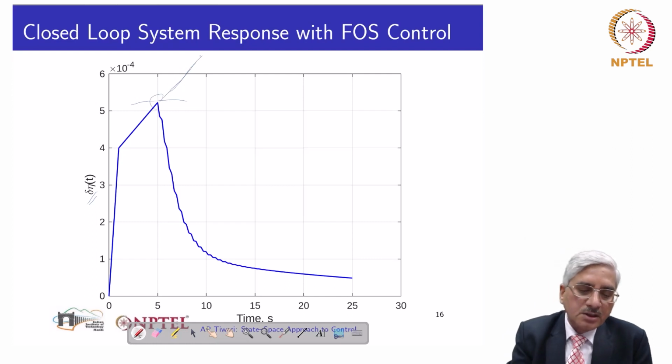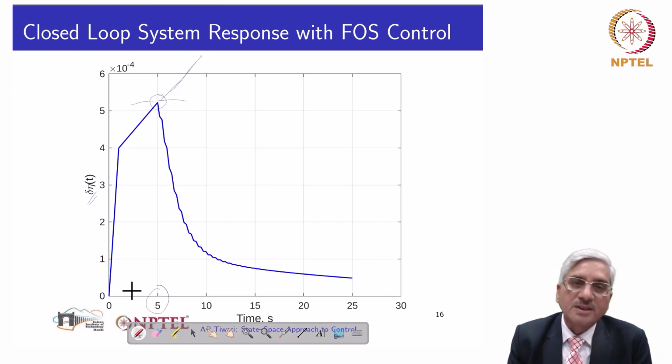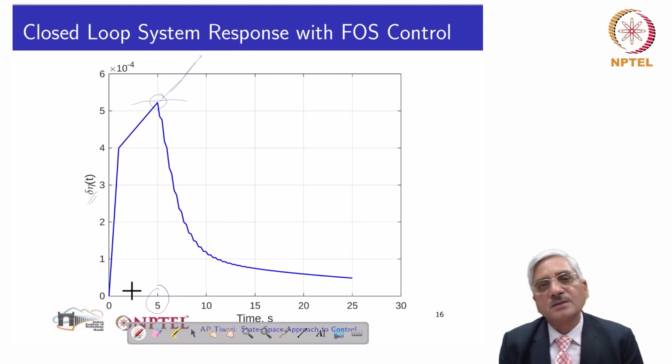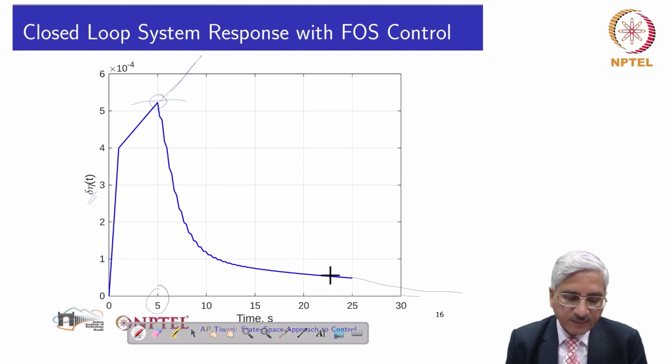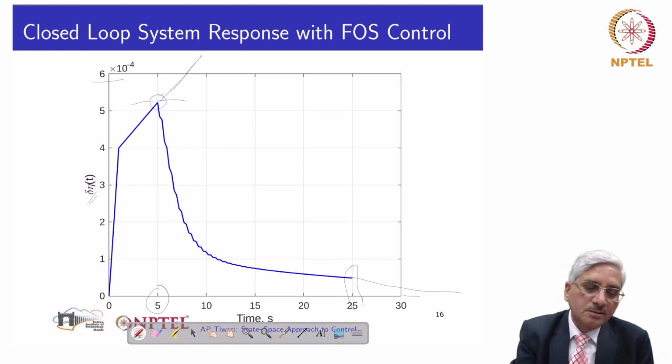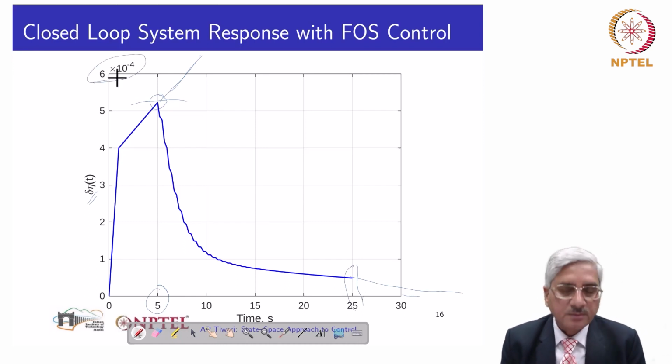However, here the controller is brought in the loop at t equal to 5 seconds, and so the corrective action, feedback correction starts. And again, the system will eventually stabilize at the steady state value of 0 as t tends to infinity. In 25 seconds, it is already very close to 0. This deviation is not very large.